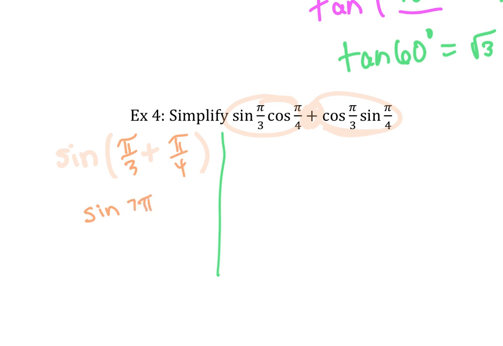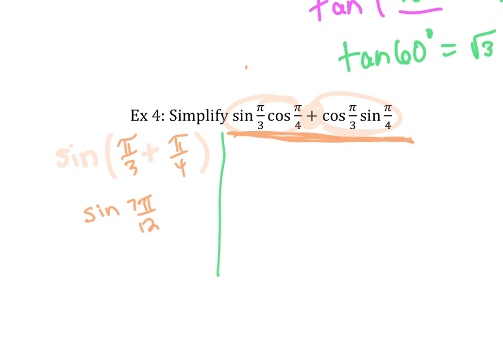So we get that this is equivalent to saying what the sine of 7 pi over 12 is equal to. But now we can go to our unit circle and come up with these values also. So we've kind of worked from right to left, but now we actually need to do the work here.